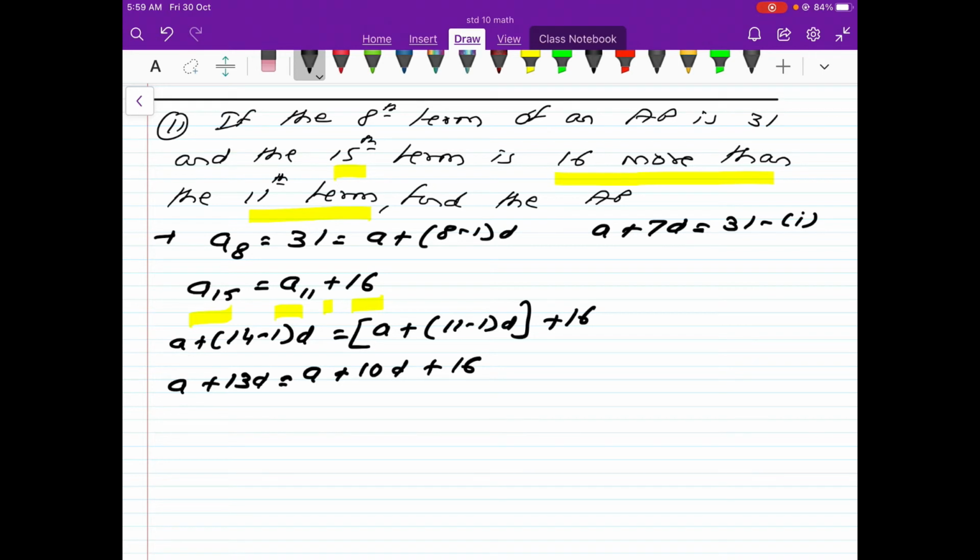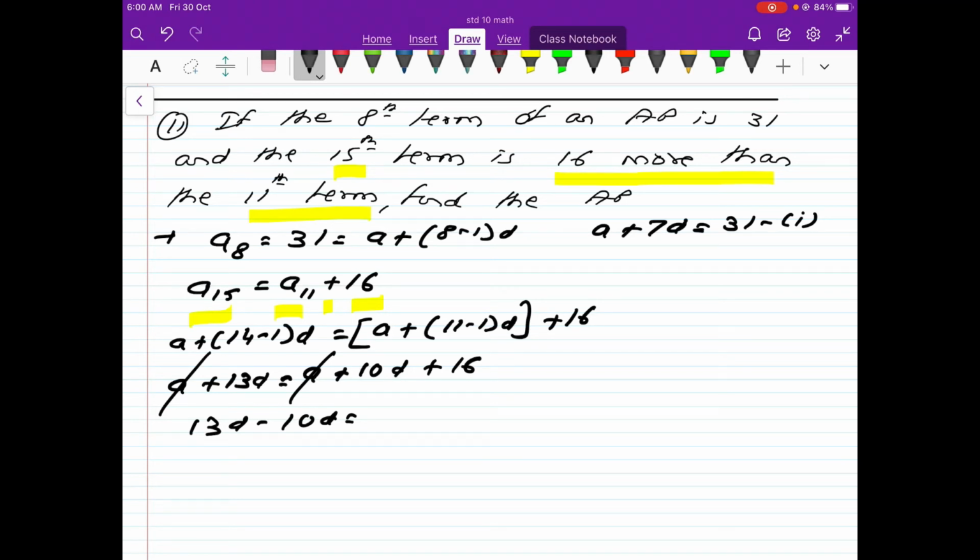So in this we can directly subtract this. Now this 10D I will bring it there, transpose it. So 13D minus 10D is equal to... This is A15.